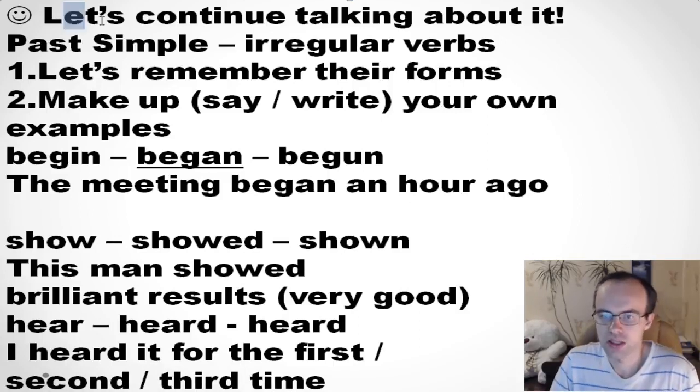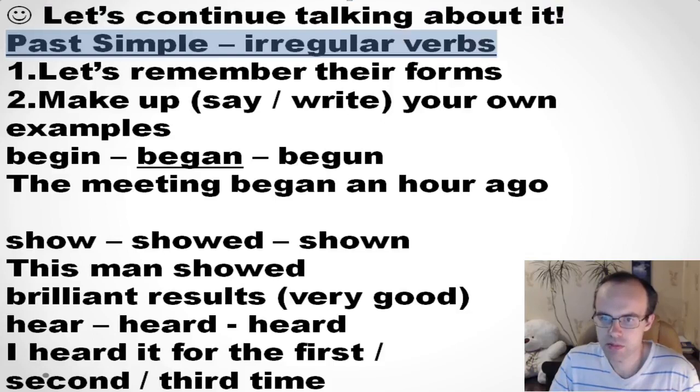Okay, let's continue talking about past simple irregular verbs. Let's remember their forms. Make up, say, or write your own examples. Begin, began, begun. The meeting began an hour ago.